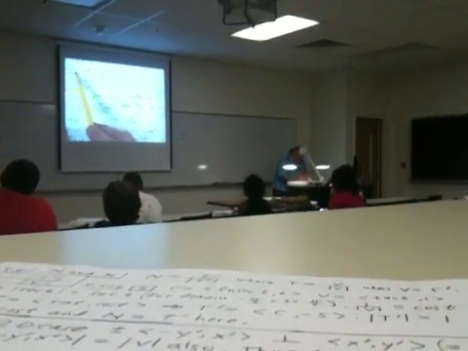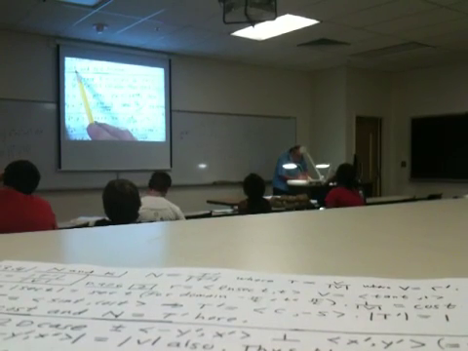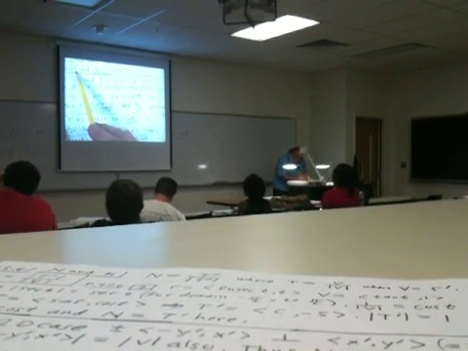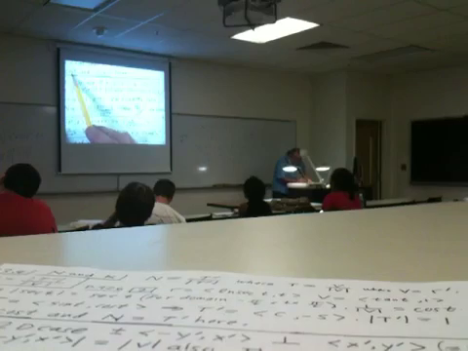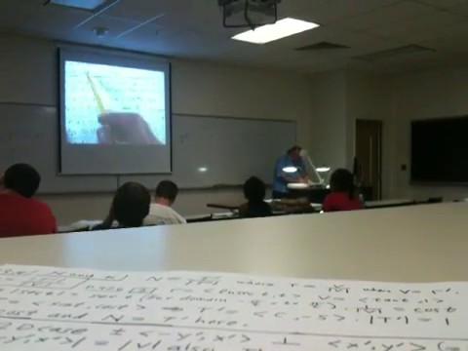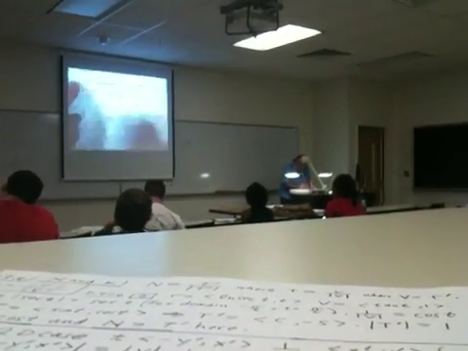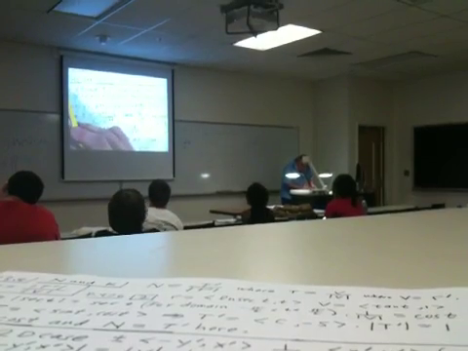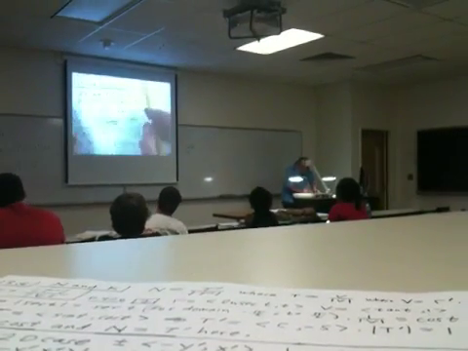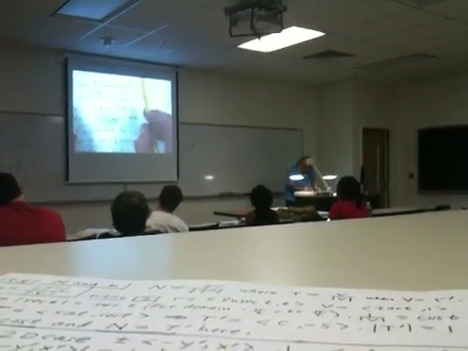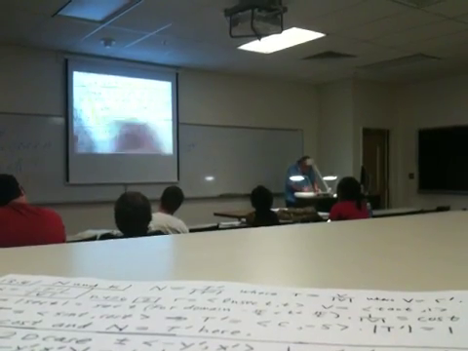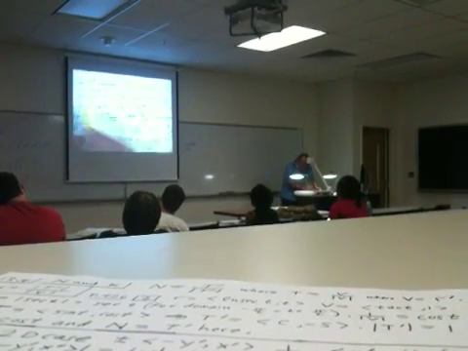When t is 0, the curvature is 1. But then as t approaches pi over 2, the curvature is approaching 0. So it's starting to flatten out as we get near pi over 2, because the cosine of pi over 2 is 0.